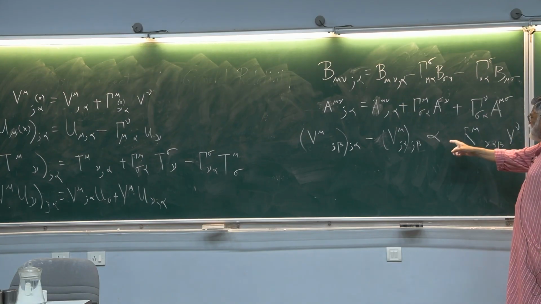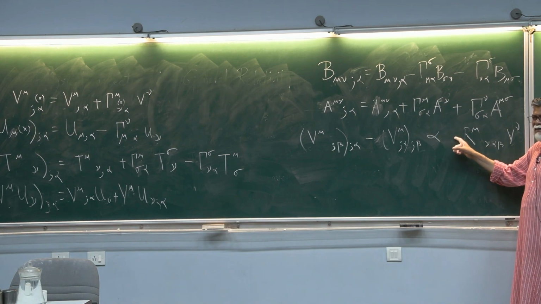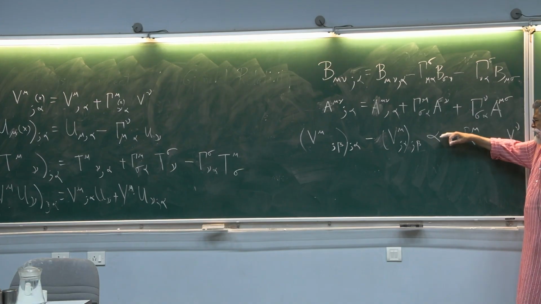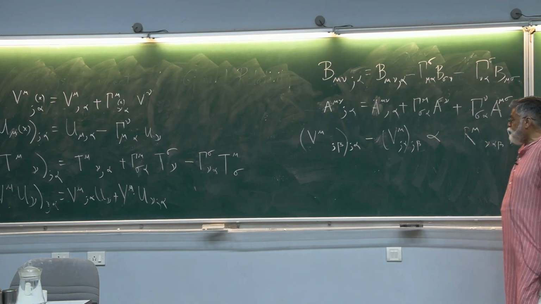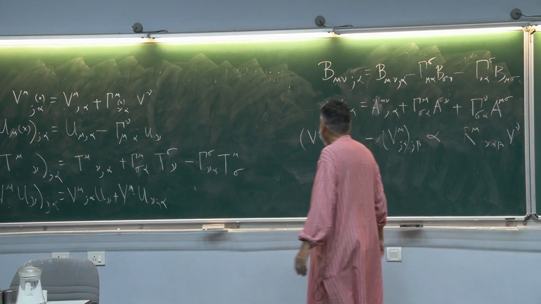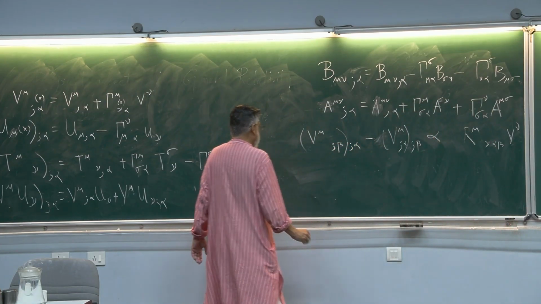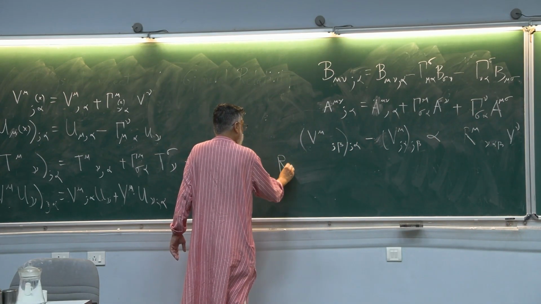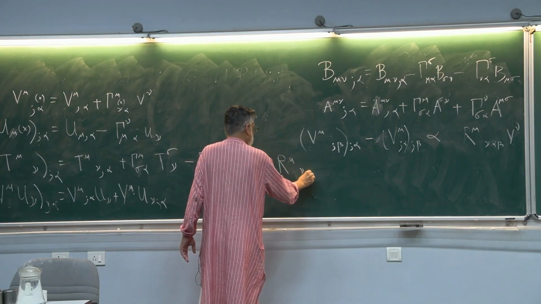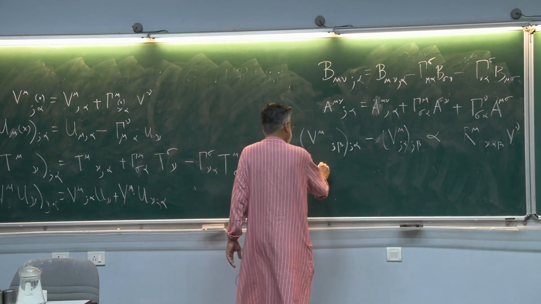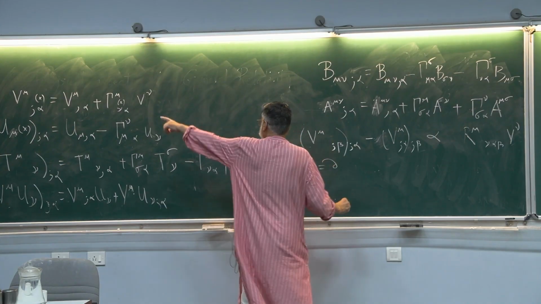I have written proportionality; what I mean is it will be either plus 1 or minus 1. I'm forgetting, so that's why I'm not writing it. When you do the calculation, it will be either plus 1 or minus 1. And what is this quantity? What is this tensor R^μ_{ναβ}? It will turn out that R^μ_{ναβ} is related to derivatives of the Christoffel symbols Γ.